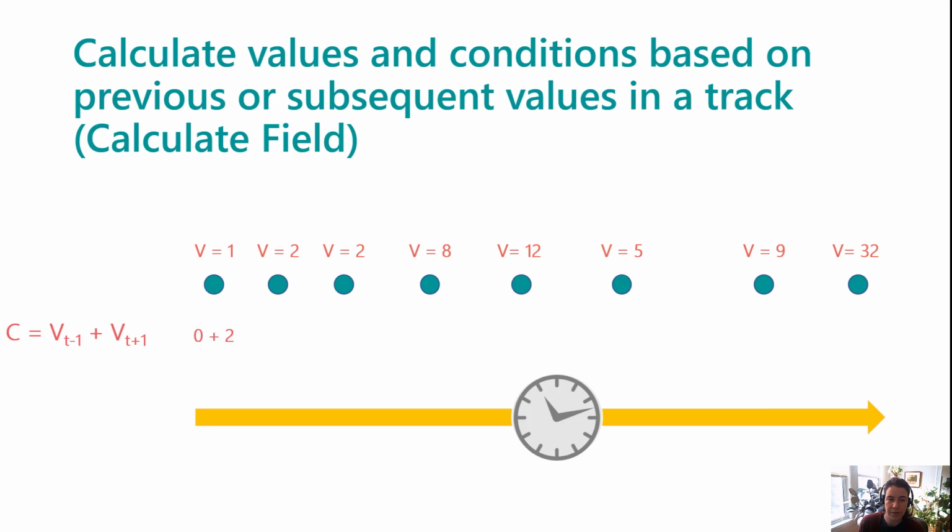So for example, this first one, there's no value before, so it's just a null plus 2. So you get a value of 2. And you can see it continues like that. So 1 plus 2, the previous value and the future value. And it continues. So you can use these very powerful expressions that we have through Arcade using a history of a track, both forward and backwards, which allows you to do a lot of really interesting stuff.